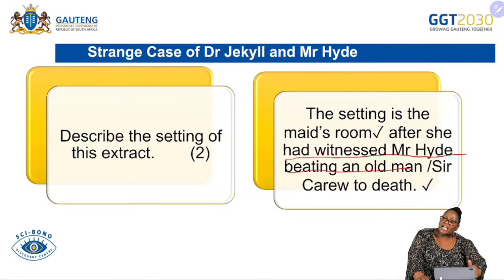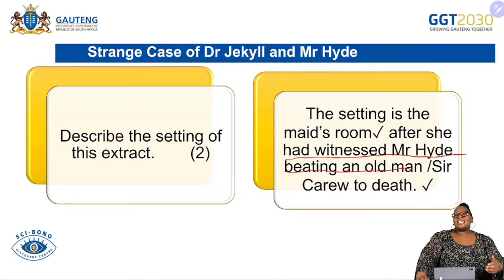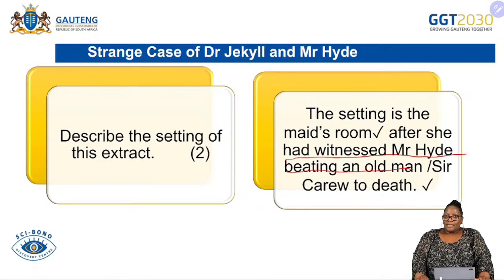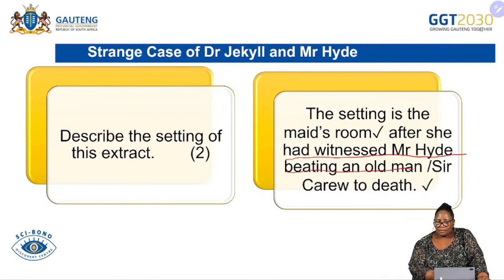So it is the account of the maid retelling what happened earlier when Sir Carew died. And who killed Sir Carew is Mr. Hyde. Clapped him down. So you get your 2 marks if you are able to mention the place and the time of the event. Good going.